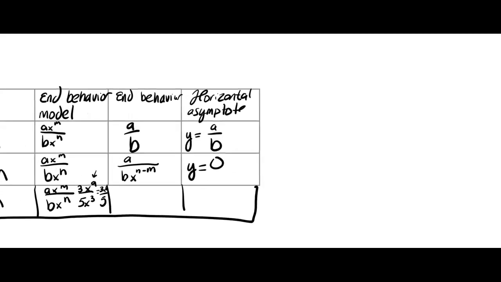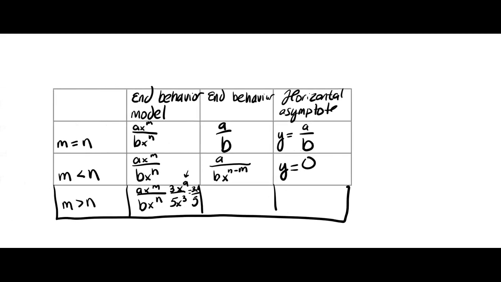So now in general form, I would have a x to the m minus n this time, all over b. Because again, I ended up with more x's up top, so it makes sense that I started off with my top number minus my bottom number, because that's what ends up happening.